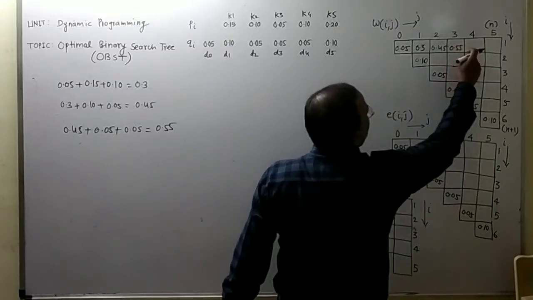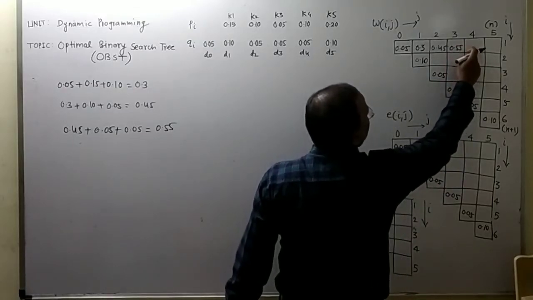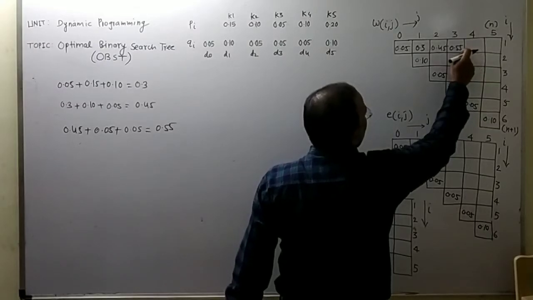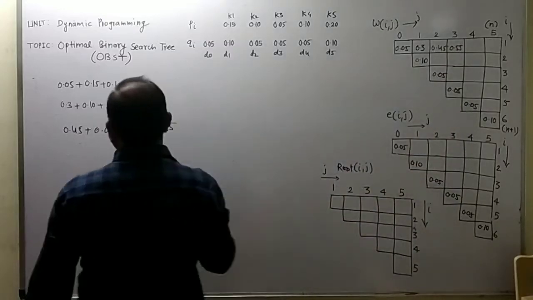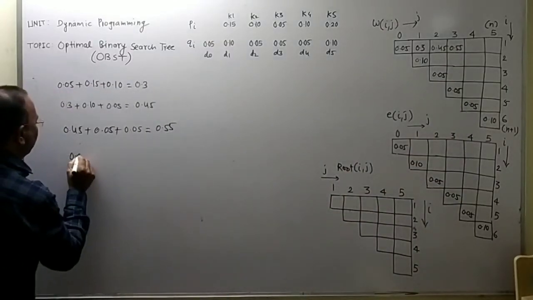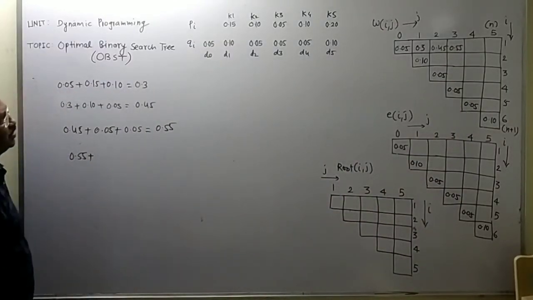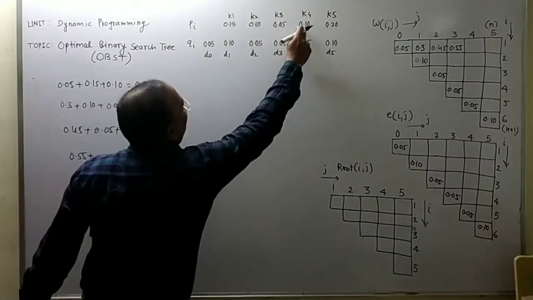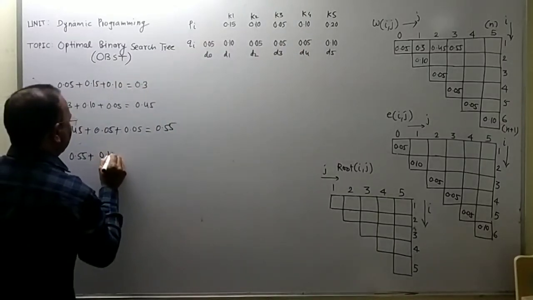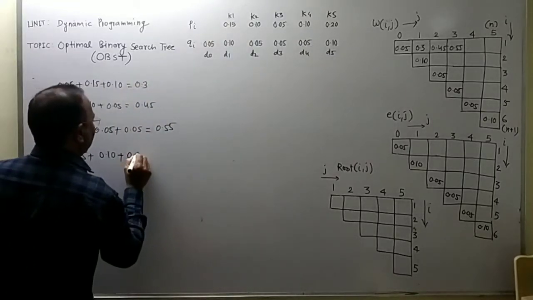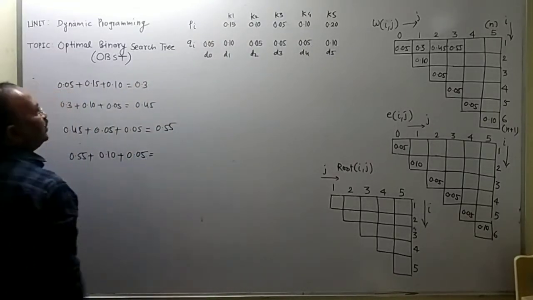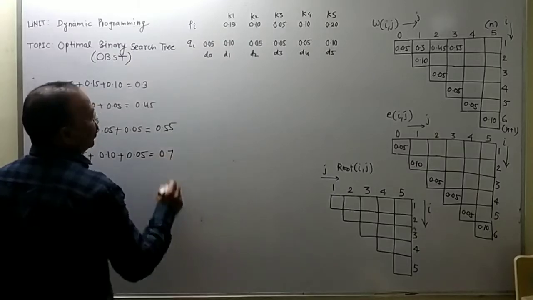The value for this cell is the sum of the previous value and the probability of K4 and D4. 0.55 plus 0.10 plus 0.05 is equal to 0.7.